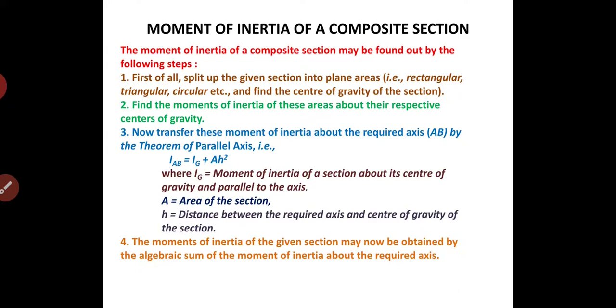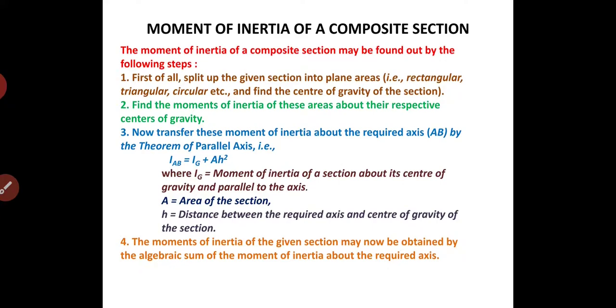Then transfer these moments of inertia about the required axis AB by the parallel axis formula, that is IAB equals IG plus A h square, where IG is the moment of inertia of a section about its center of gravity and parallel to the axis, A is the area of section, h is the distance between the required axis and center of gravity of the section. The moment of inertia of the given section may now be obtained by the algebraic sum of all these moments of inertia so found.